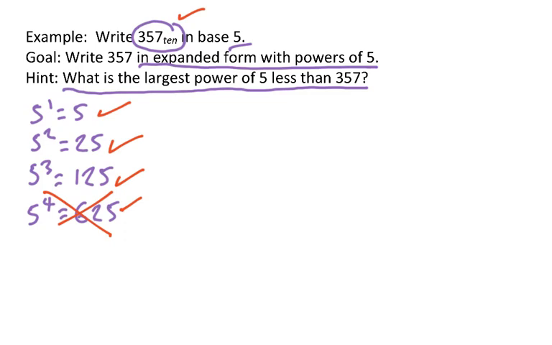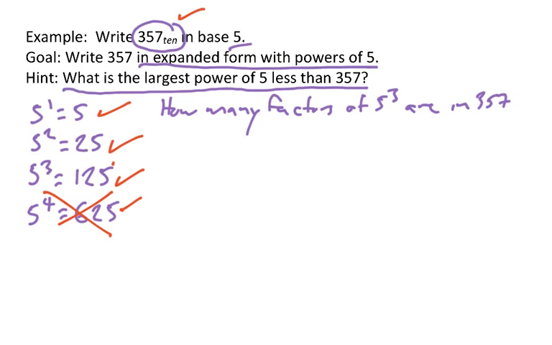Once we find the highest power of 5 that will divide into 357, we ask ourselves the question: how many factors of 5 cubed can be found in this number we're looking at? That means taking 5 cubed, which is 125, and dividing it into 357.